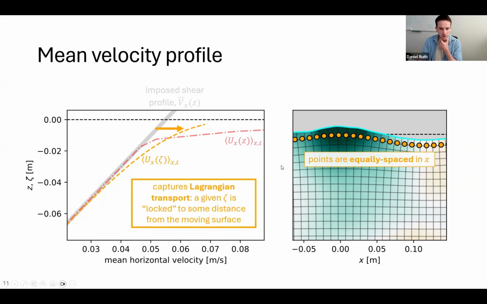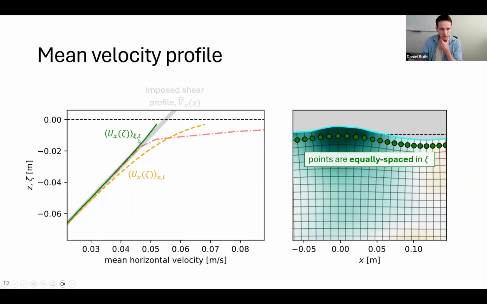And it turns out a nice way to get around this is to instead average things over the transformed horizontal direction psi here. So now we're still taking data that's along some line of constant zeta, but instead spacing the points equally in the psi direction.